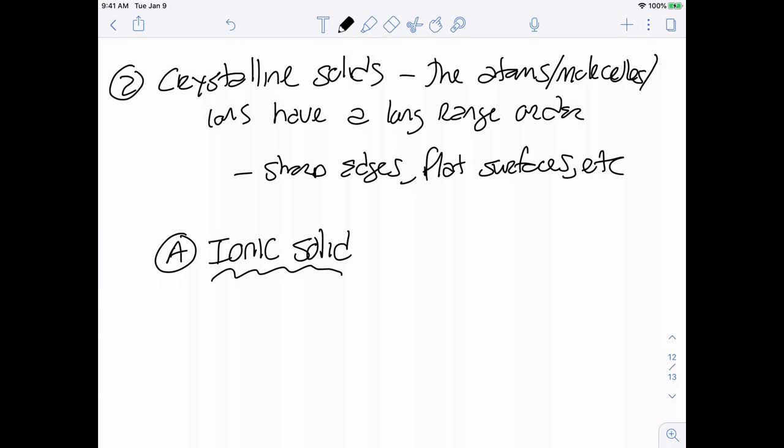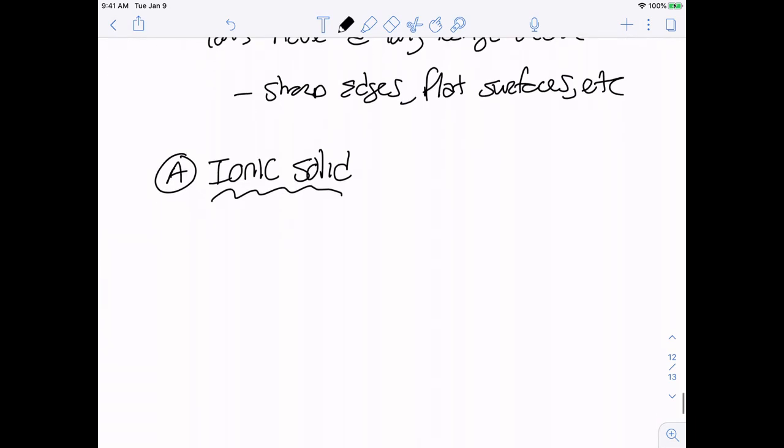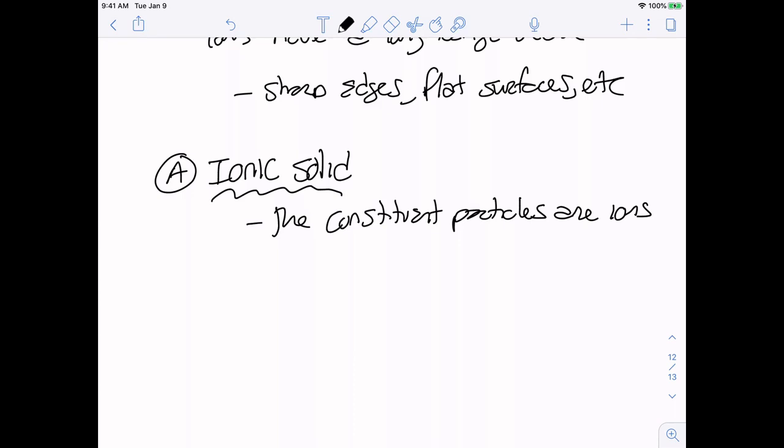It's held together with ionic bonds, so that's how they're connected, and then any ionic compound, sodium chloride would be an example. So an ionic solid, the constituent particles are ions. Remember, ions are charged atoms held together with ionic bonds.